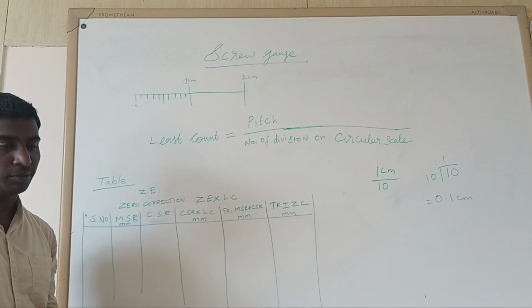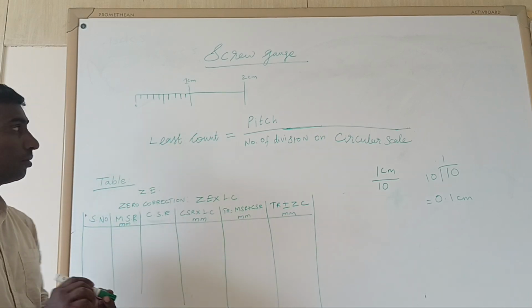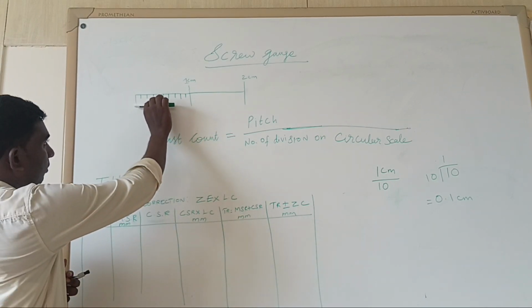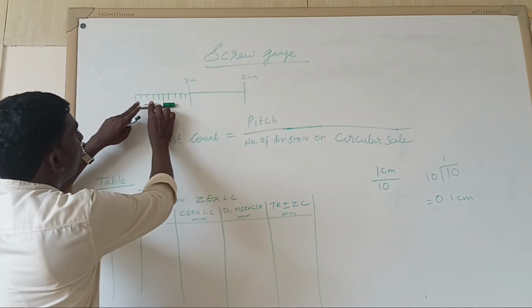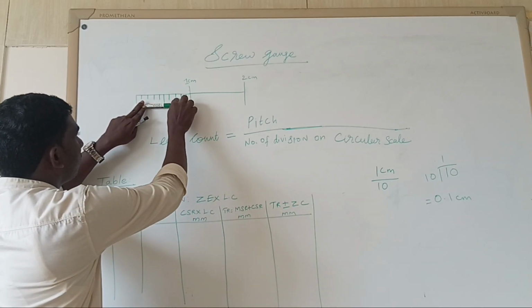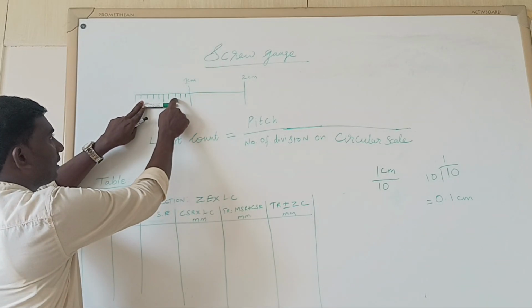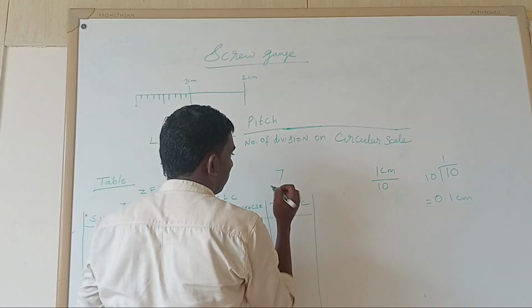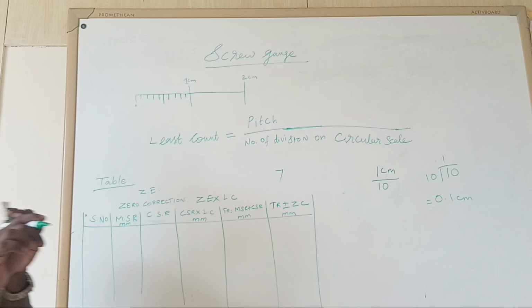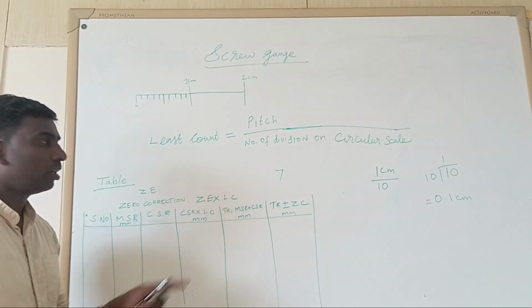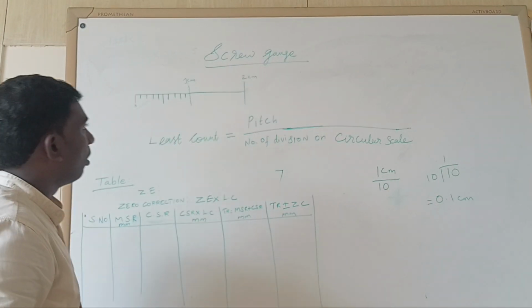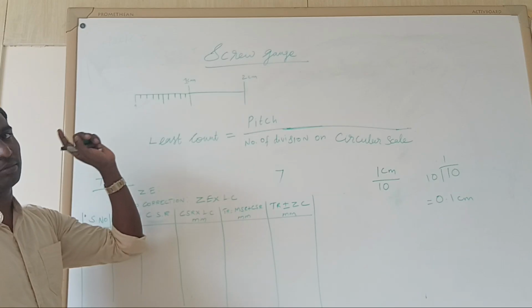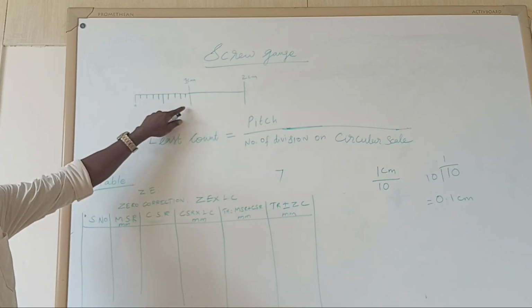Suppose I measure this marker, putting it from 0 to here. How many lines does it come to? It comes to 5, 6, 7 lines. The last end shows line 7. So 7 times the least count. What is the smallest distance on this scale?